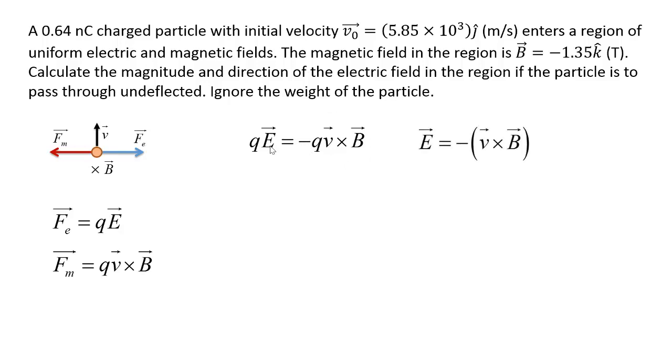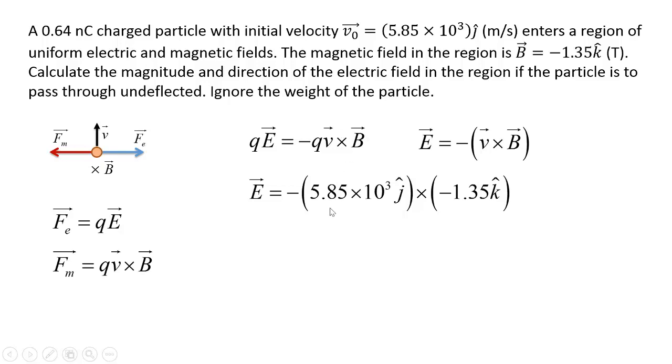From this equation, the electric field will be nothing else than minus the cross product between the velocity and the magnetic field after we simplify the entire equation with a charge q. All we have to do is replace the velocity with its expression 5.85 times 10 to the third unit vector j, and the magnetic field with its expression minus 1.35 unit vector k.